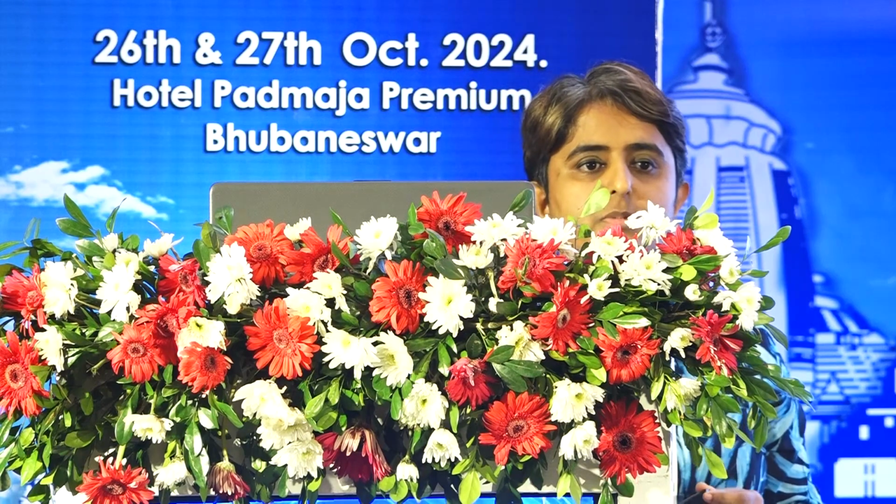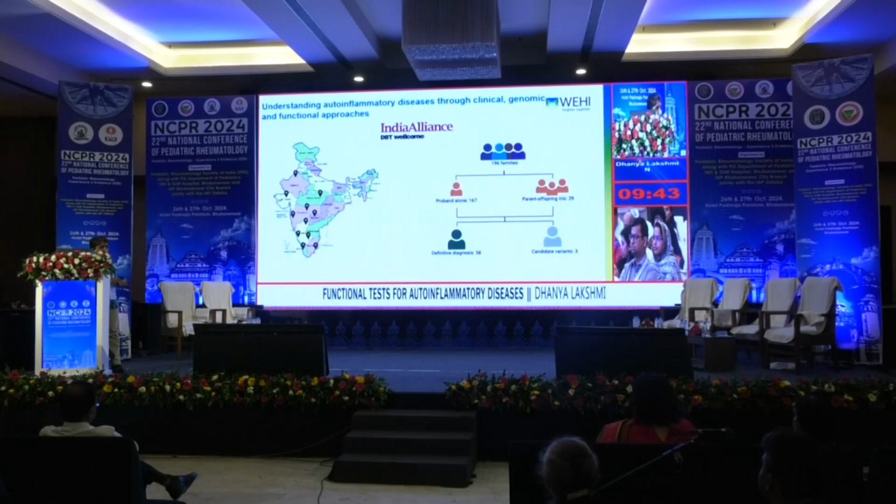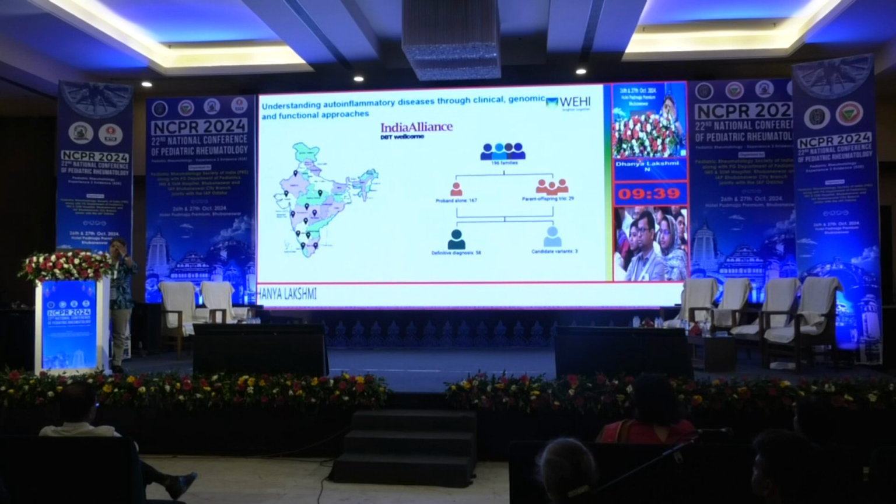We could achieve a definitive diagnosis, by which I mean a pathogenic or likely pathogenic variant in known disease causing genes, in around 58 families, which amounts to roughly 30%, which is, I think, the diagnostic rate of exome sequencing across different cohorts.